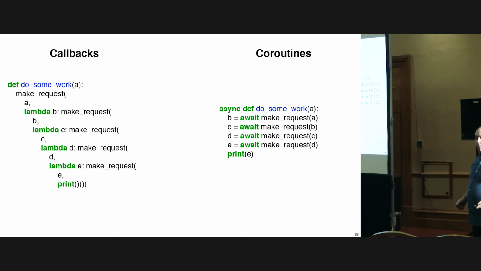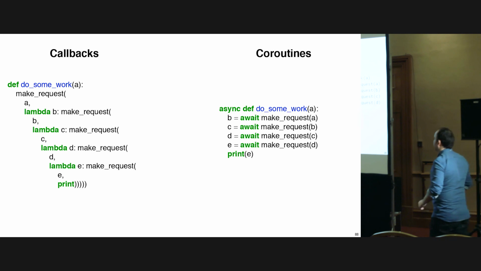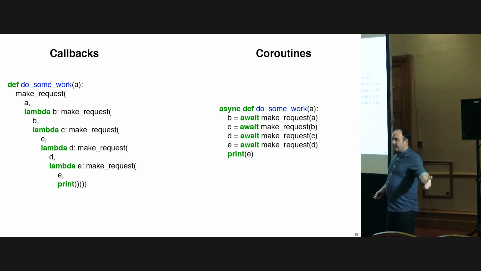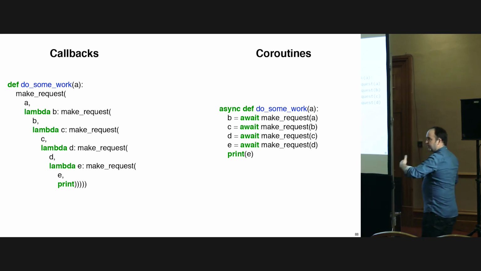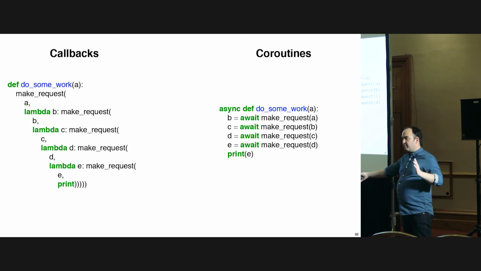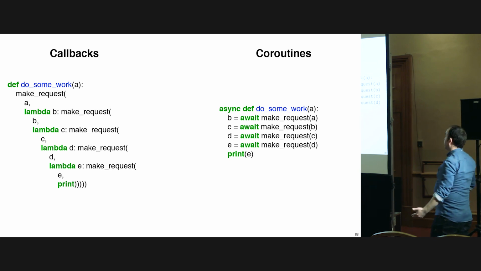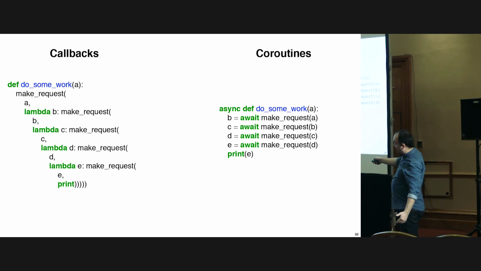But of course, there are problems with callback-based programming. I mean, has anyone ever ended up with code that looks like this? You end up with the triangle of doom with your repeated callbacks and the white space there on the left. And what coroutines and await allow us to do is to transform code like this, which is horrible, into code like this, which is really nice.